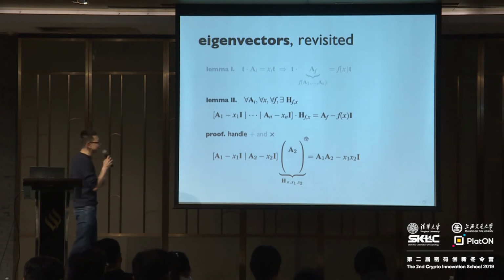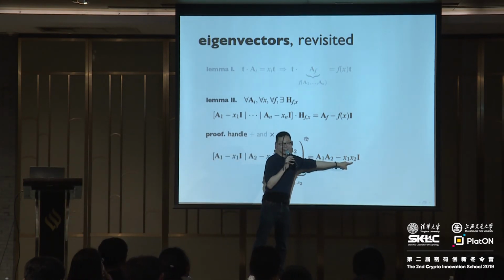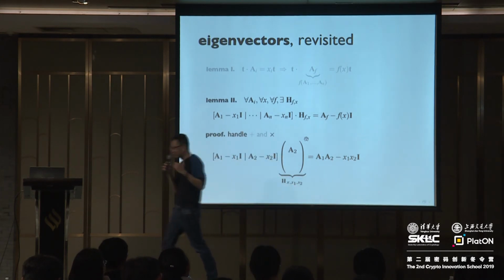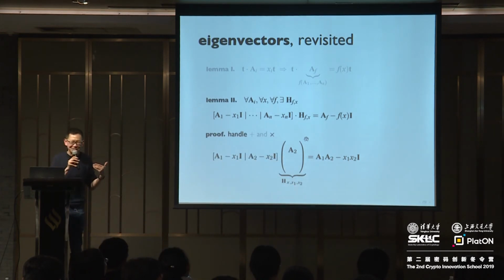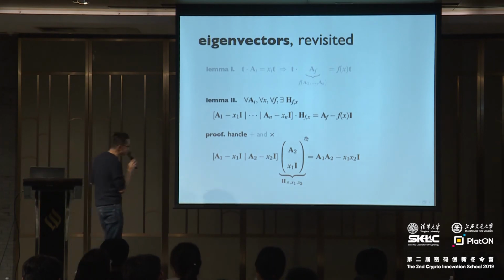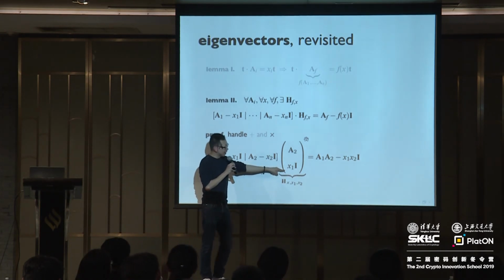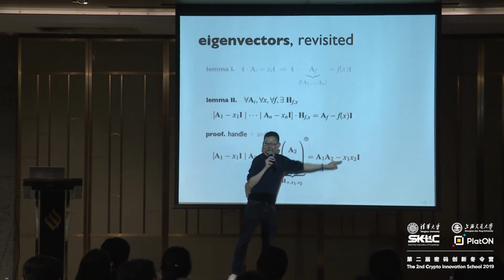At the same time, notice that there is an x1 times x2 on the right-hand side, which hasn't shown up yet. So any suggestions for what the bottom half of this matrix should be? Right, good. It's basically x1 times I. As a first sanity check, this times this exactly gives you this term.